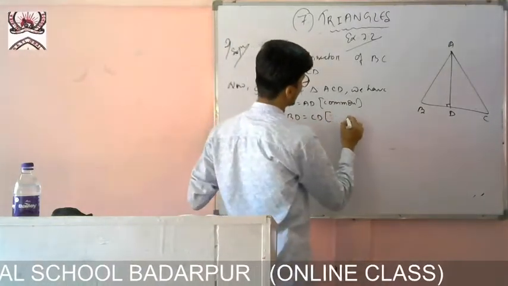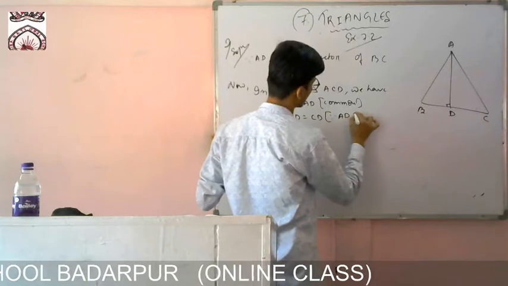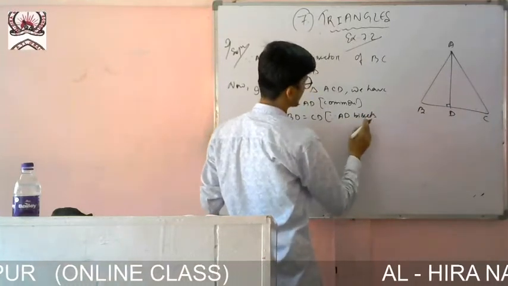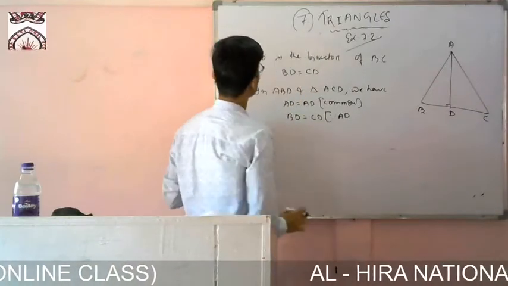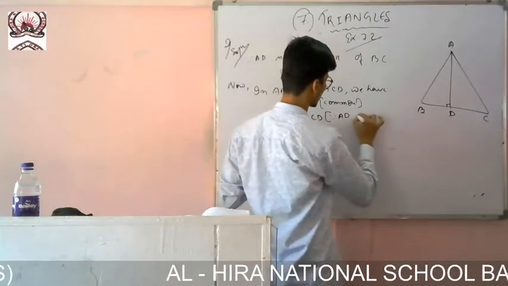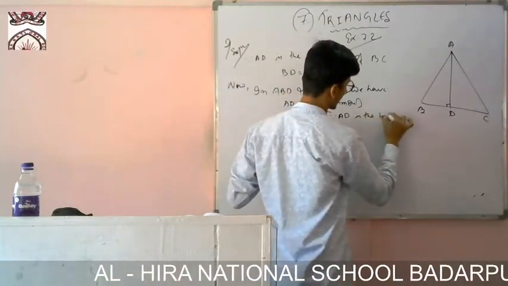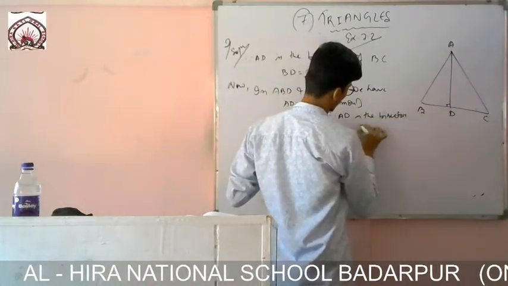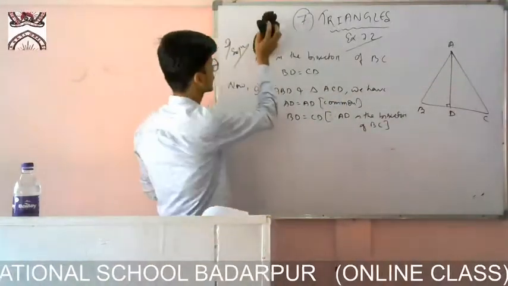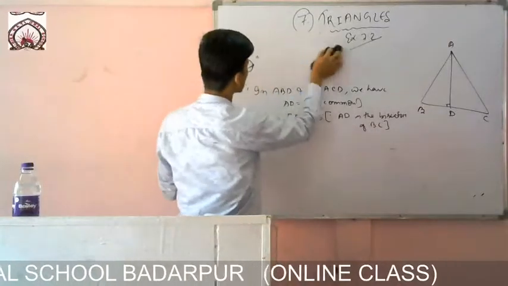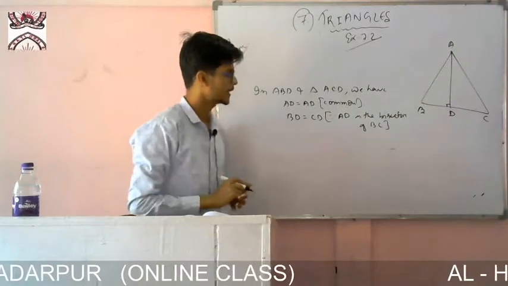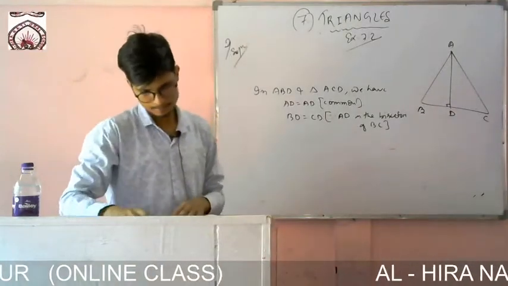Since AD is the bisector of BC. You let it be short, okay? You erase this part, because I am writing the same thing again, so why make it lengthy?